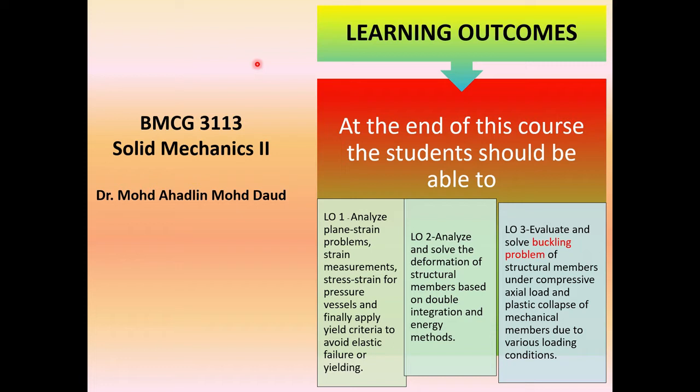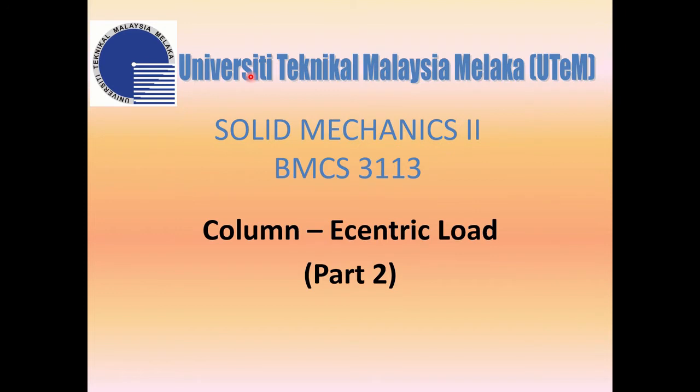At the end of this course, the student should be able to evaluate and solve buckling problems of structure members under compressive axial loading. The topic that we will discuss is column eccentric load part 2.